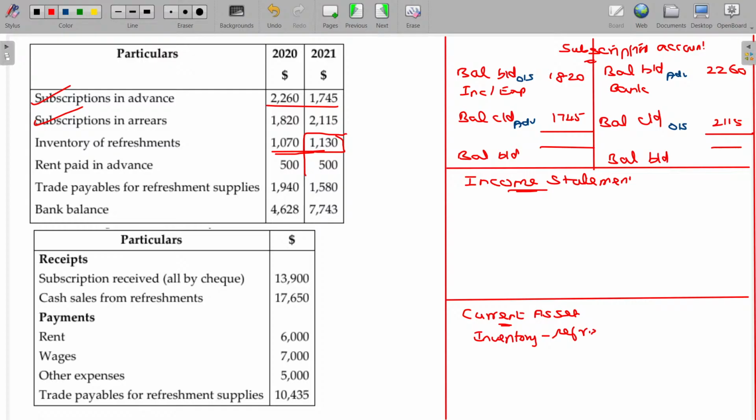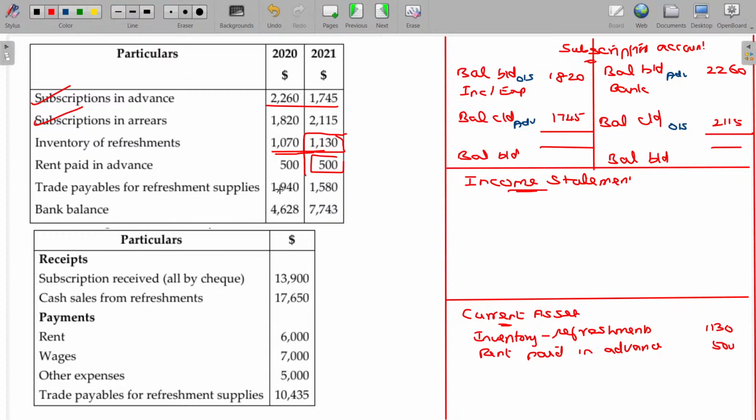Whatever asset remains unused at the year end, expenses paid in advance, and income receivable, all these things are current assets. Refreshment inventory, this value being 1,130. And rent paid in advance, as we paid the expense in advance, is an asset, value 500.